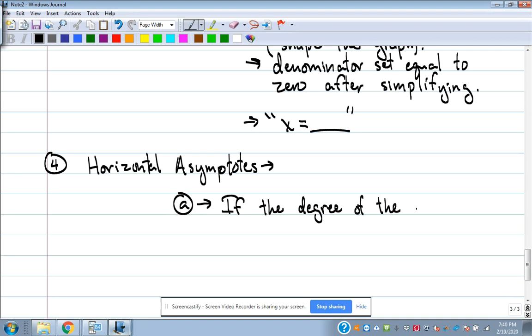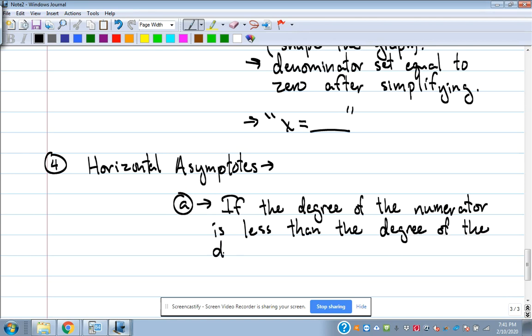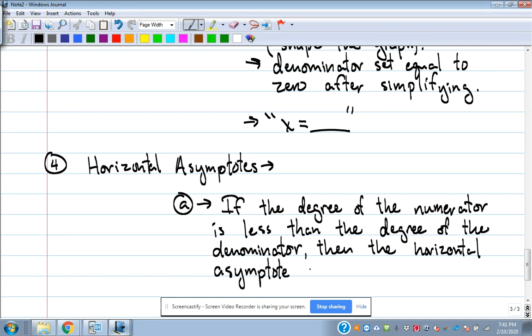of the numerator is less than the degree of the denominator, then the horizontal asymptote is y equals 0.